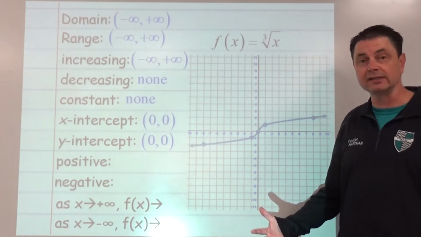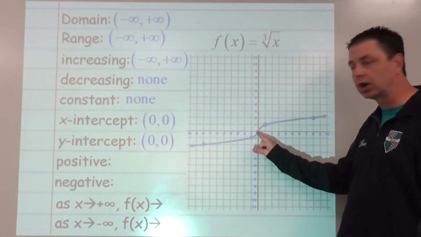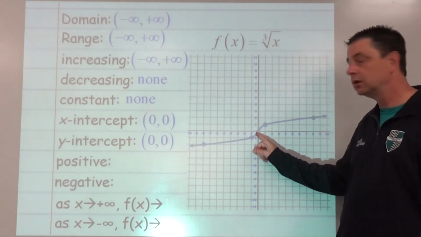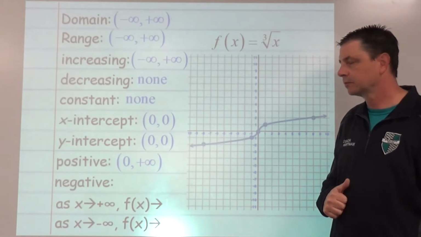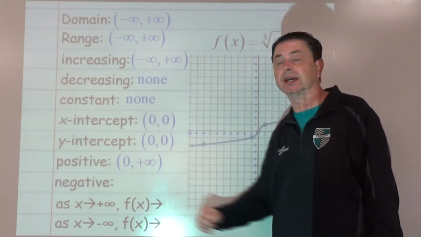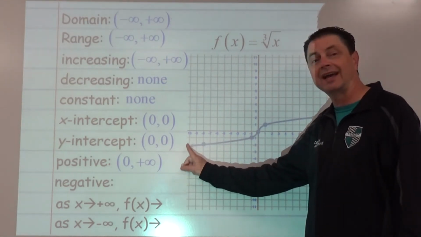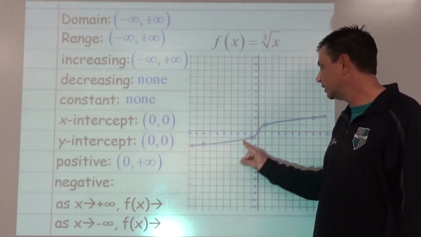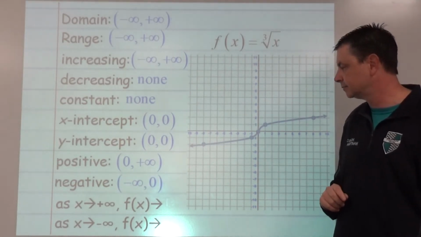Where is it positive? We're above here. So starting at 0, going to infinity. Where are we negative? Where is the function below the x-axis? That's this section, starting at negative infinity until we get to 0, always moving from left to right.